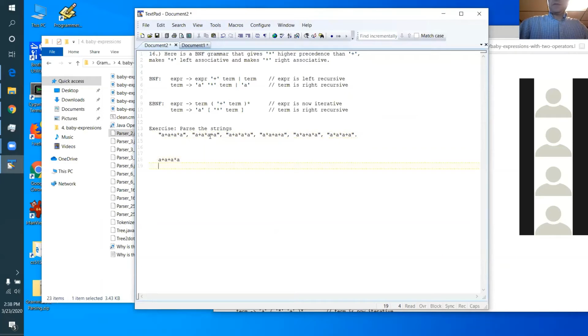If we just think about it, we can think about how it's going to parse. Multiplication has higher precedence. So that means you group this before you group the other ones. So we would know that this thing would be lower in the parse tree.